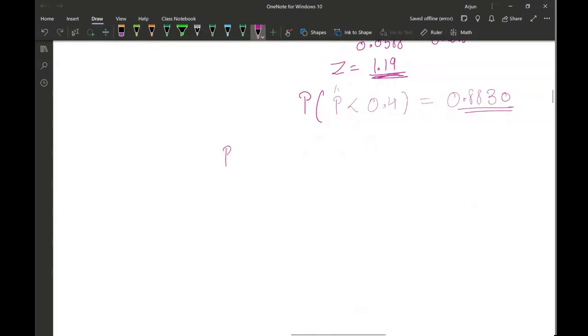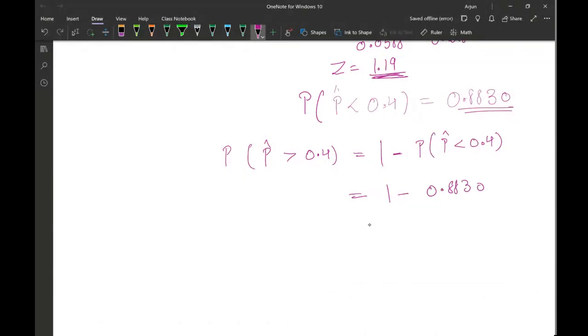So the probability that p hat is greater than 0.4 will be 1 minus the probability of p hat less than 0.4. That value will come out as 1 minus 0.8830.